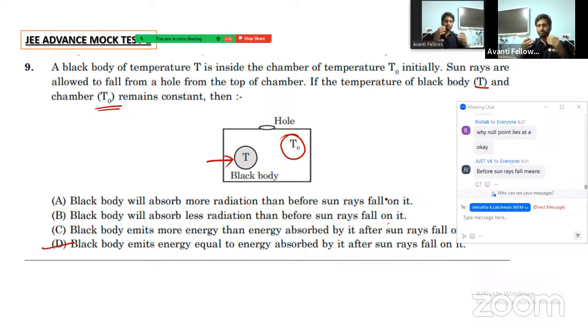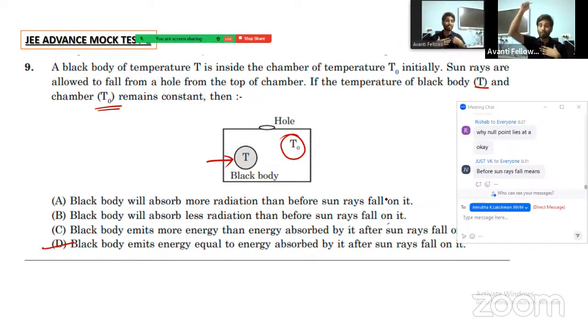मान लो मैं ब्लैक बॉडी हूँ, रूम के अंदर भी टेम्परेचर होता है ना थोड़ा। मान लो मेरा टेम्परेचर है 10 डिग्री सेंटीग्रेड, और रूम का टेम्परेचर है 27 डिग्री सेल्सियस। Now tell me, रूम के अंदर टेम्परेचर ज्यादा है, heat will be flowing from room to my body, right?